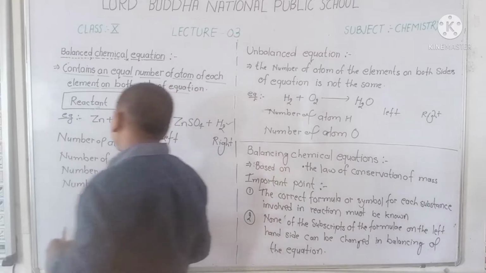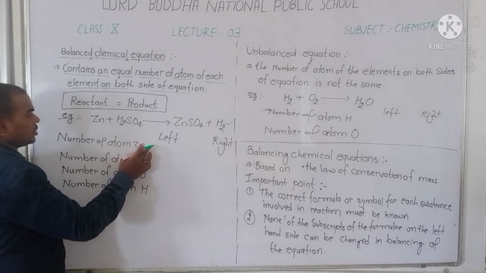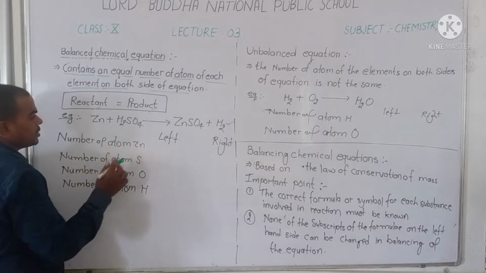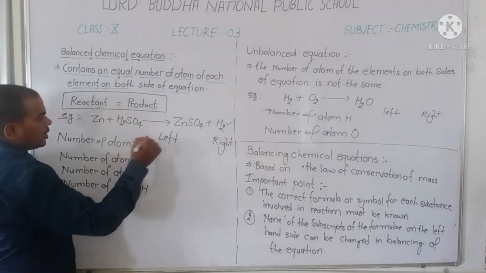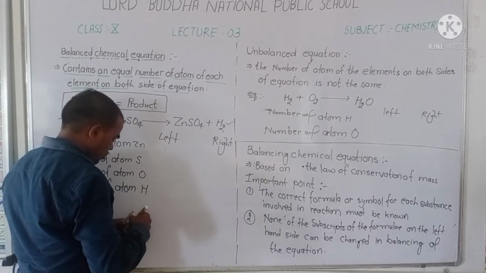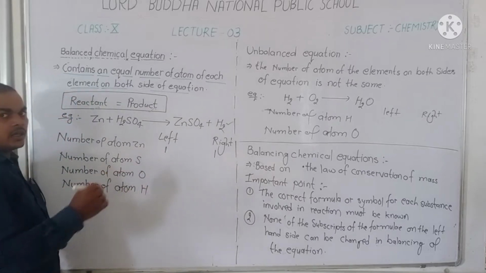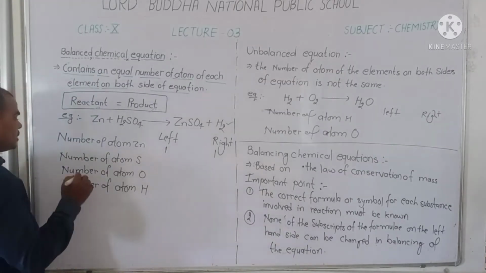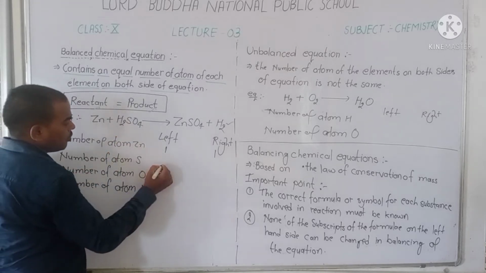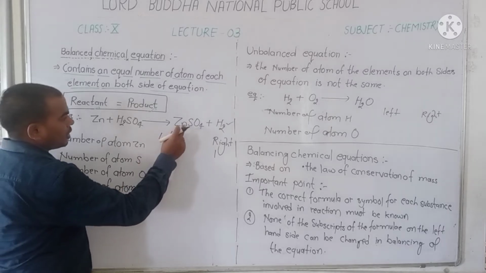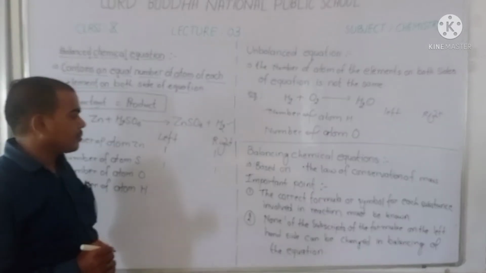In this equation, we observe the number of zinc atoms on the left-hand side is 1 and on the right side is also 1. That means zinc atoms are equal on left and right. The number of sulfur atoms on the left side is 1 and on the right side is 1, so sulfur is also balanced.